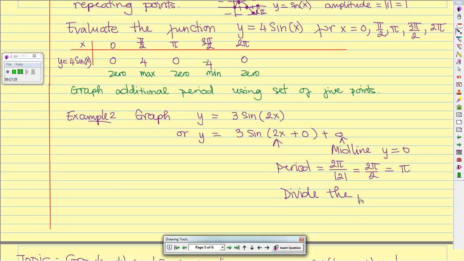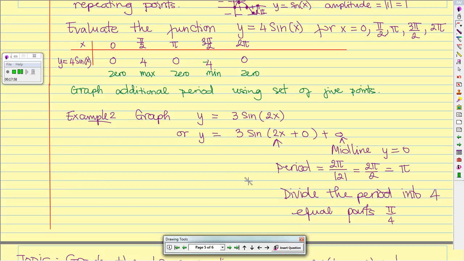And then you divide the period into 4 equal parts. So each part will be pi over 4.